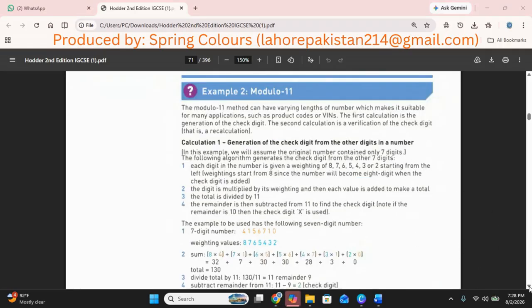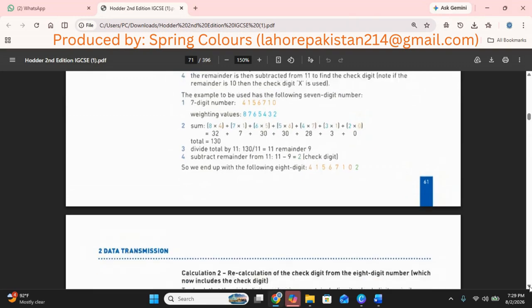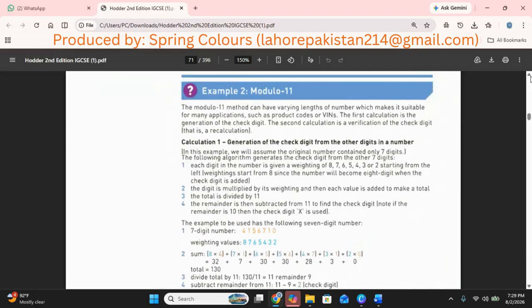As you can see, in chapter number 2 it was mentioned that modulo 11 is a method in which an extra check digit is calculated from a given number, and this check digit is attached to the number that is being sent to another computer.